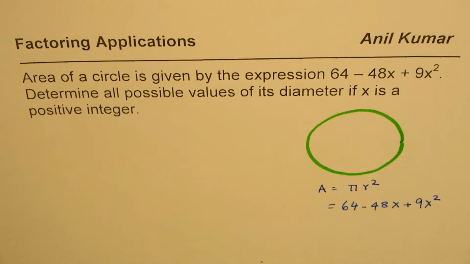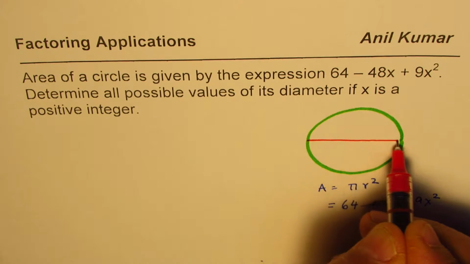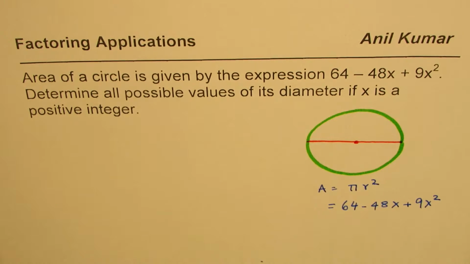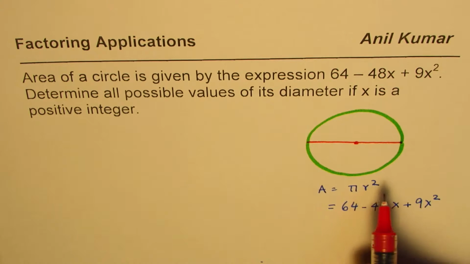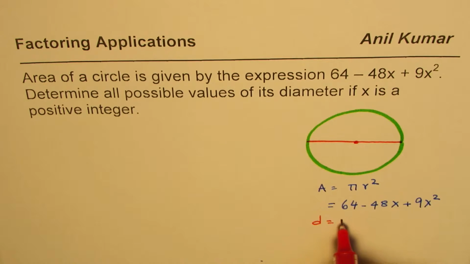And we want to find the diameter. So let's say we want to find the diameter of the circle. So this is the center and we need to find the diameter. How are you going to find it? Now diameter is twice radius. So we can write diameter is 2 times radius.